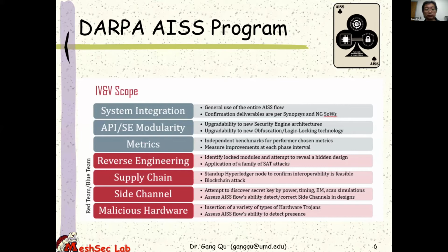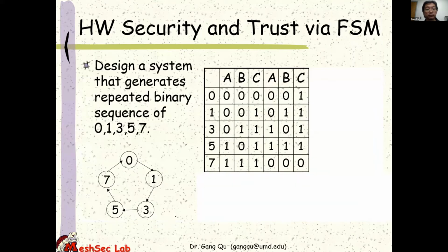I am not going to read all the details of these 4 technical areas, because Mark and Brandon have done a great job explaining them. So I will use the next 12, 13 minutes to give you some sense of what we are going to do, or what we mean by hardware security and trust.